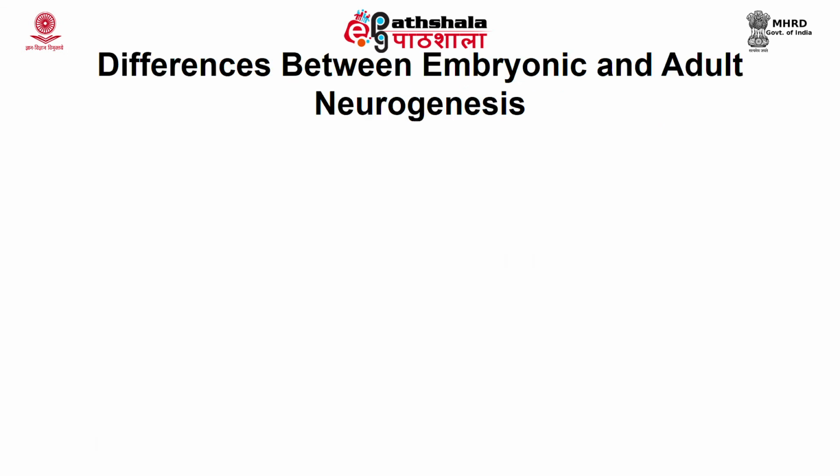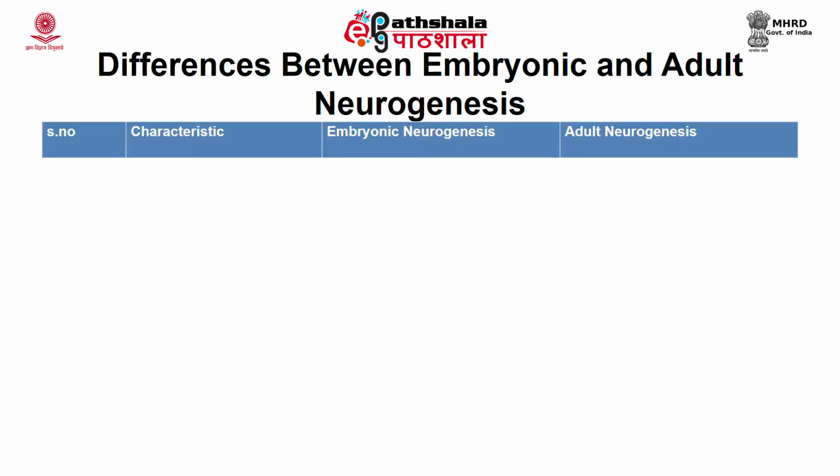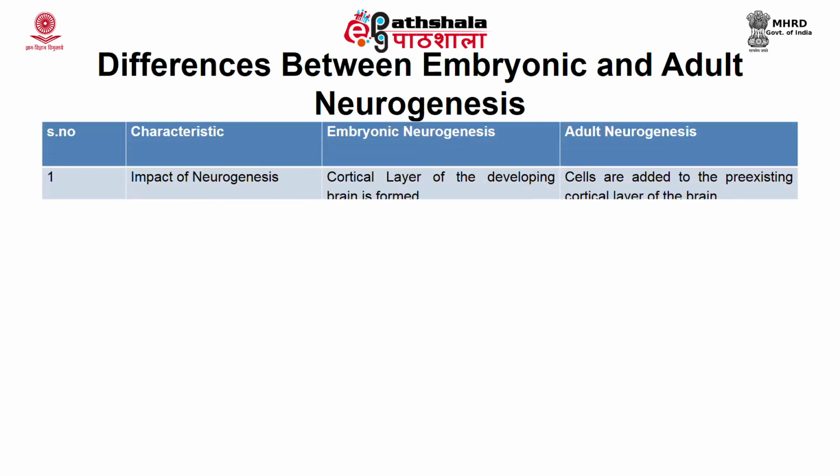So, if we look at the differences between embryonic and adult neurogenesis, then we see that the impact of neurogenesis is seen mainly in the cortical layer of the developing brain in the embryonic neurogenesis, whereas cells are added to the pre-existing cortical layer of the brain.